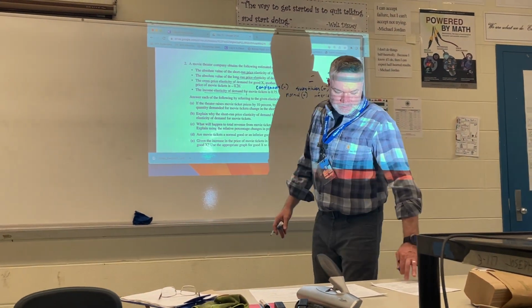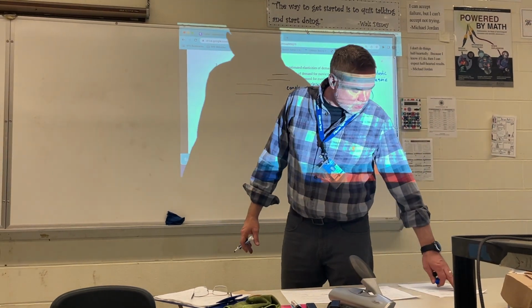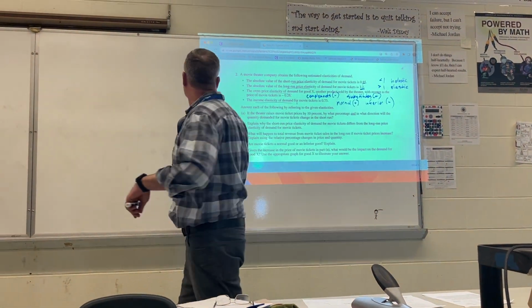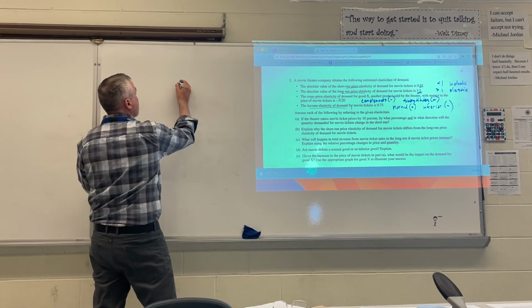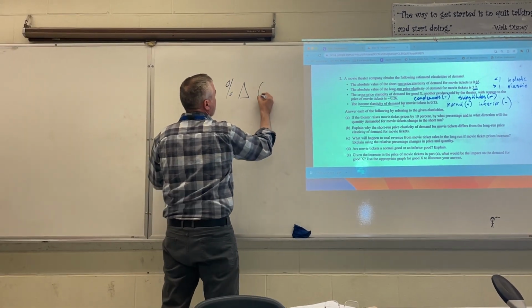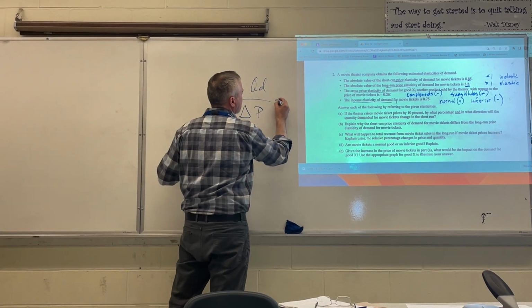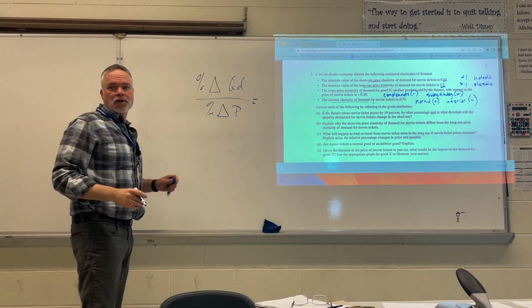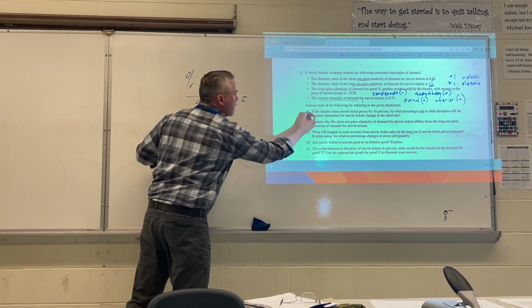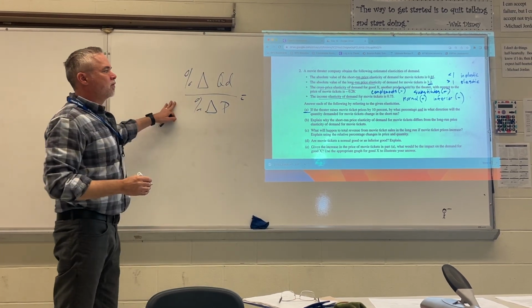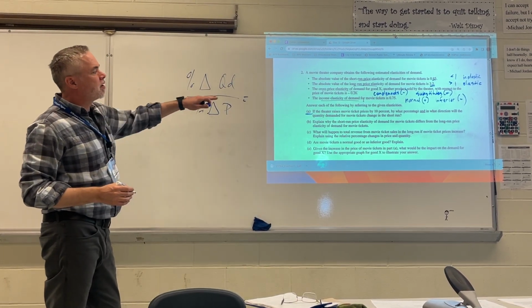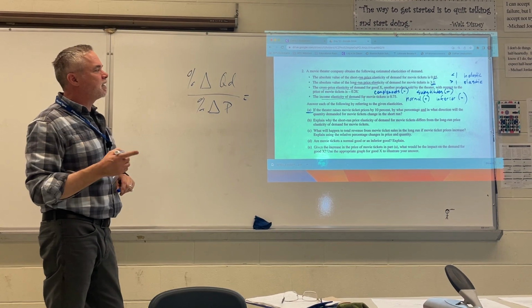An important formula to know is your price elasticity of demand: your percent change in quantity demanded over percent change in price. And that's going to give you some kind of coefficient. So for part A, that's what you want to be working off of. It tells you that the theater raises movie tickets by 10%.